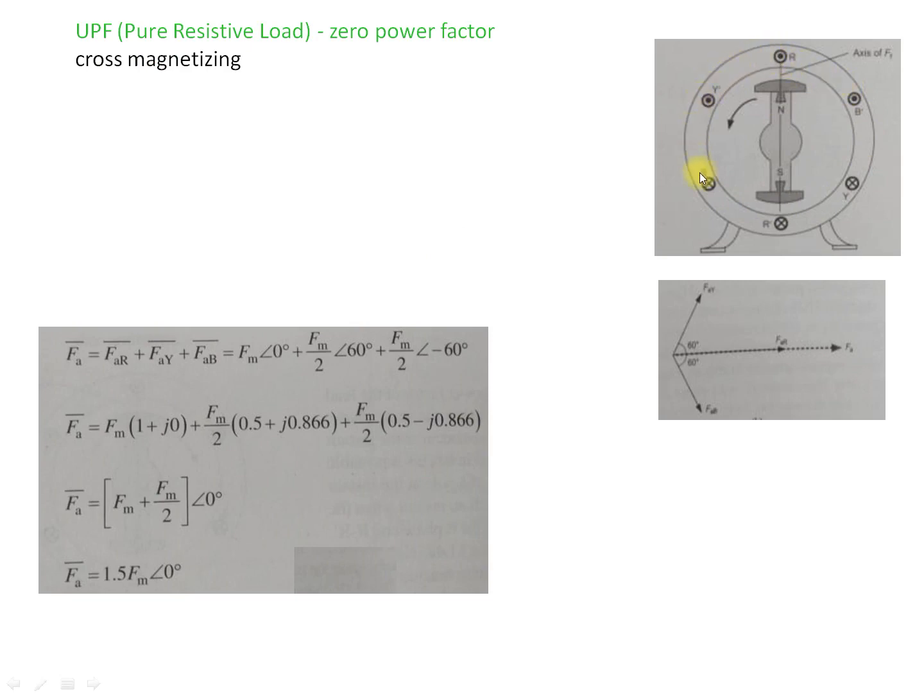Here the stator has been represented by the three sets of windings R, Y and B. Since this rotor is facing towards this R winding, at the center of this rotor, the EMF produced on this R will be maximum, and the EMFs produced in the other coils will be half of those maximum values.